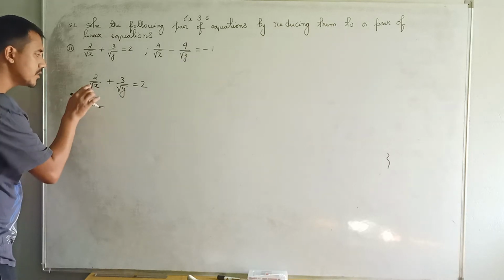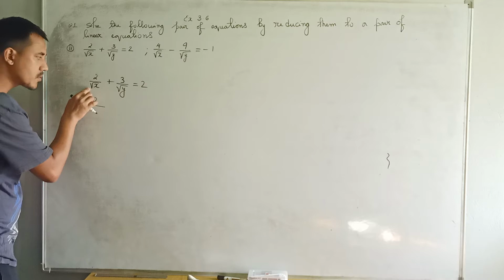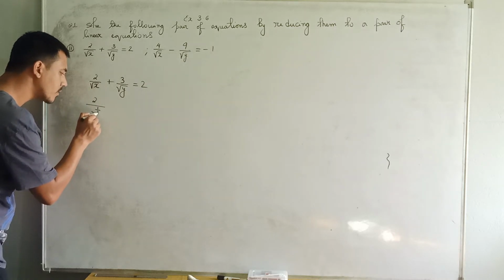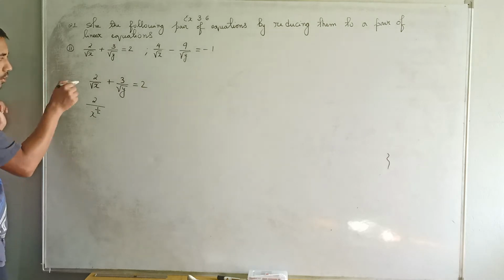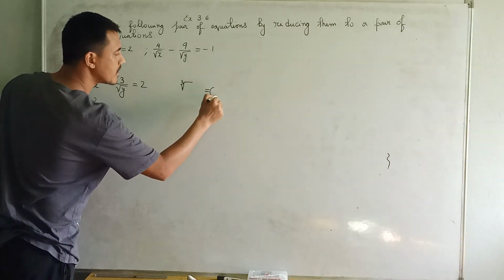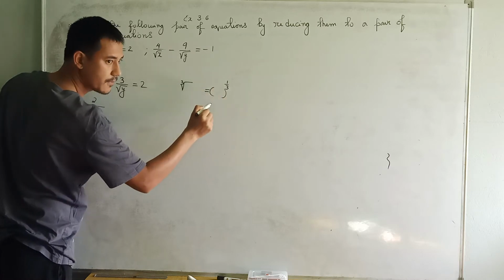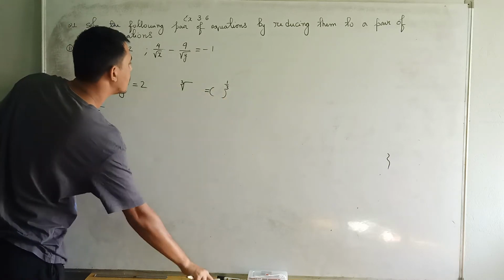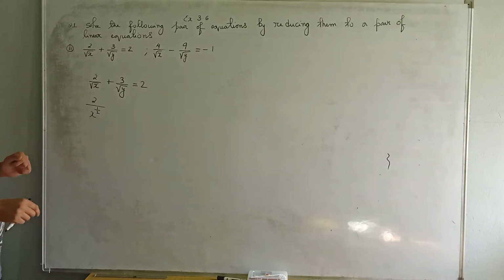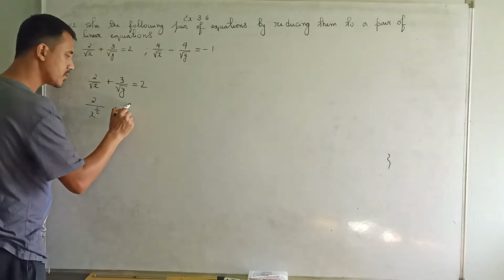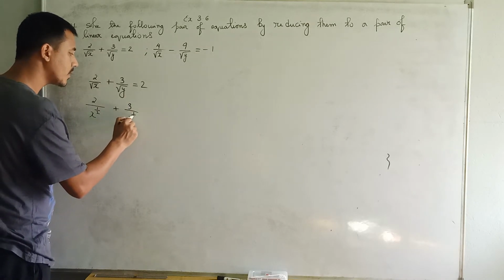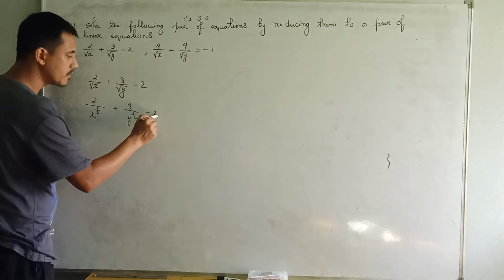2 upon square root of x: square root of x means the power of x is 1 by 2. Cube root means the power is 1 upon 3. So square root of x means x to the power 1 by 2, and 3 upon square root of y means y to the power 1 by 2, is equal to 2.